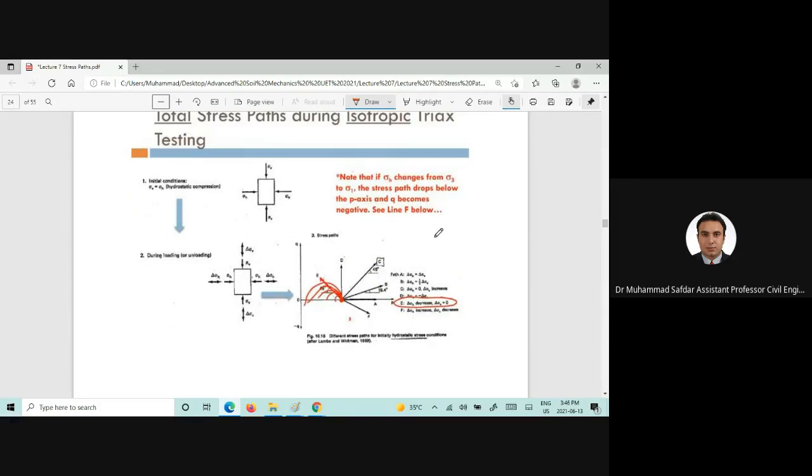Now, if a situation occurs that delta sigma H increases and delta sigma V decreases, which can occur in a retaining wall in active condition, you can draw the Mohr circles and you can get the stress path, and we can reach a failure line as well.